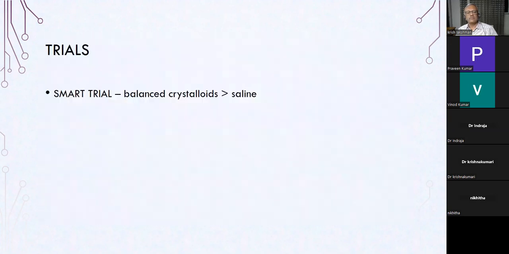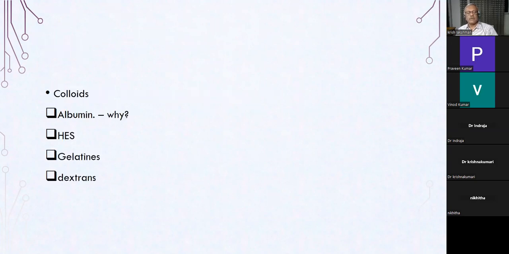In a recent trial, it had been shown that balanced crystalloids are better than normal saline, as excessive normal saline lands the patient with renal failure and renal replacement. In critically ill patients, the patient might need renal replacement. The message there is balanced solutions are preferable to normal saline.